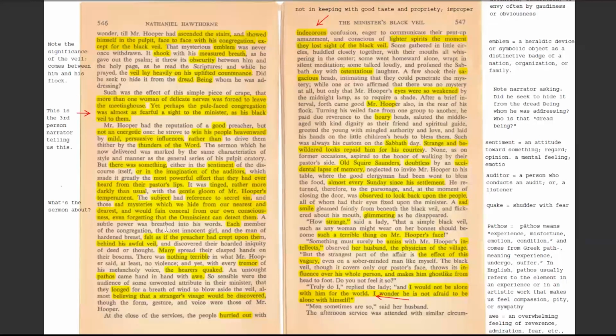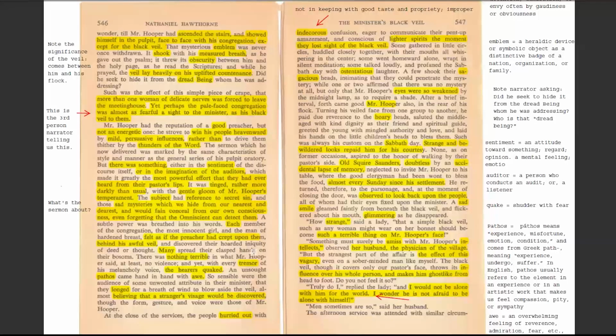A subtle power was breathed into his words. Each member of the congregation, from the most innocent girl to the man of hardened breast, felt that the preacher had crept upon them behind the awful veil and discovered their hoarded iniquity of deed and thought. So it's like he's peering into their souls. Just from what he's talking about, they feel like, oh my God, this guy knows.